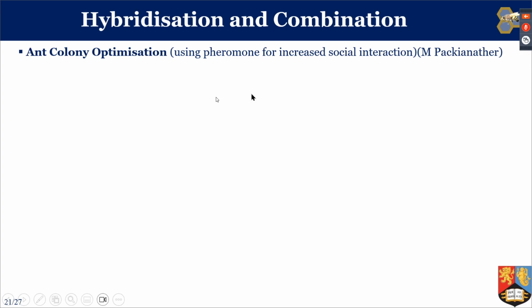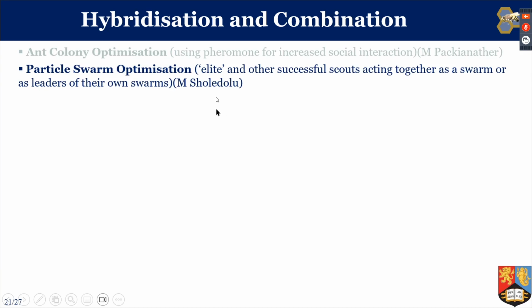He also was working on ant colony optimization hybridization with the bees algorithm. Particle swarm optimization has also been researched as a possible method of hybridizing with the bees algorithm, and that was looked at by Michael Sholedolu. Here, the elite and other successful scouts can act together as a swarm or as leaders of their own swarms. So those ideas were investigated by Michael.